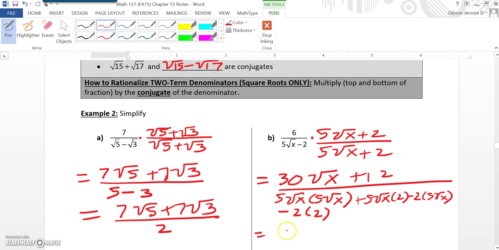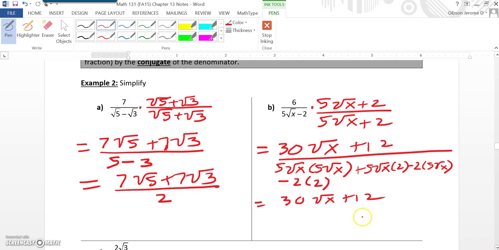So now, we will have 30 square root of x plus 12, still for our numerator. Now we get here to our denominator. We know 5 times 5 is 25. Square root of x times square root of x is the square root of x squared. And then 5 times 2 is 10.